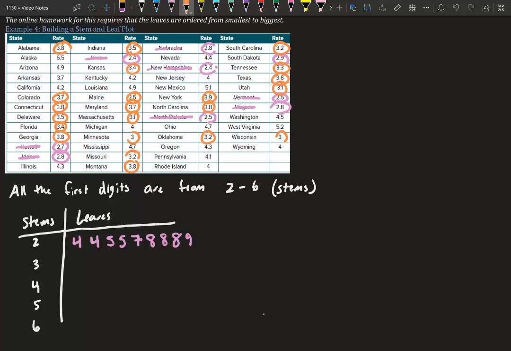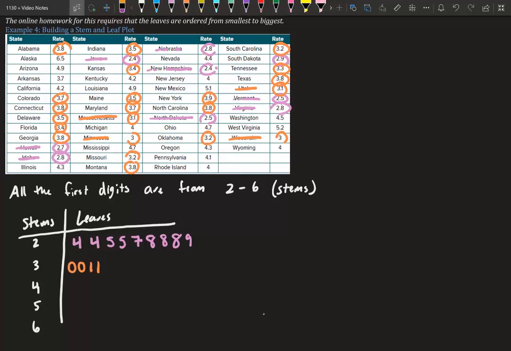If we look at all the ones with 3, the smallest ones we have are just 3. So 3 is actually 3.0. We have 2 of those. Alright, then we have 3.1 and another 3.1. So we have 2 3.1s. So that means we need 2 ones.